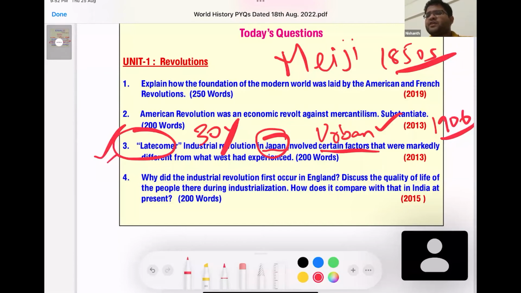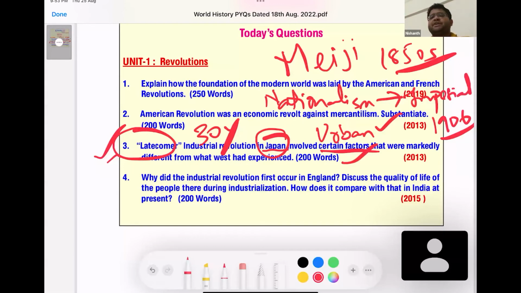This excessive nationalism grew in Japan and gave rise to imperial attitudes in this country, which in fact became an imperial power in the later half of the 20th century by invading many Southeast Asian countries, including China.